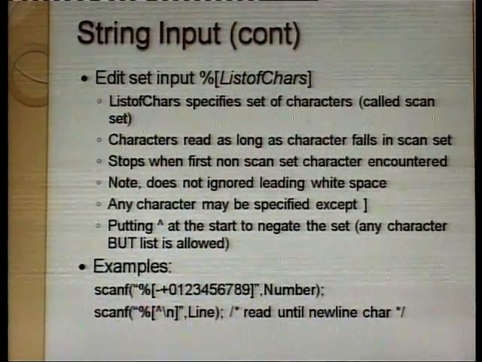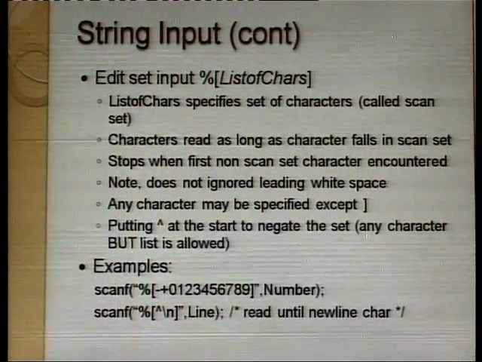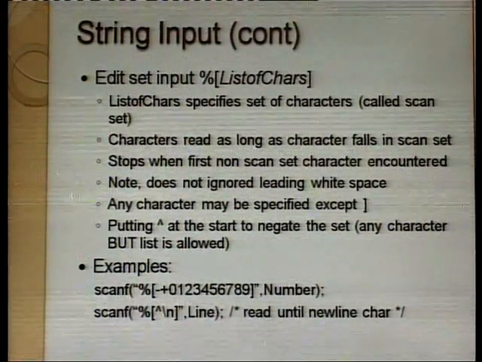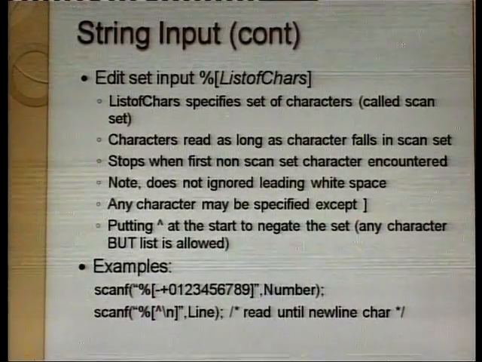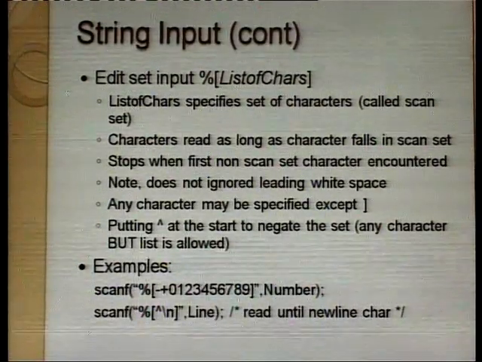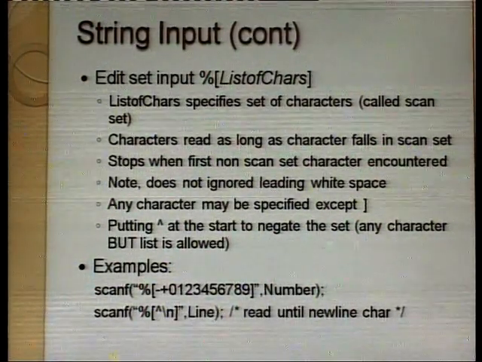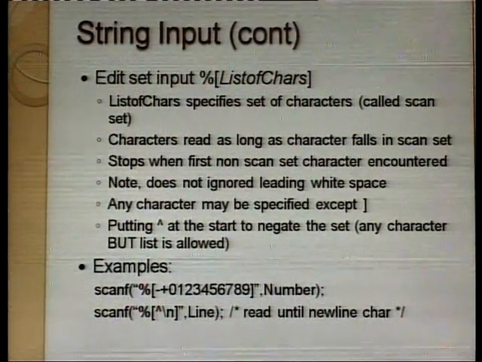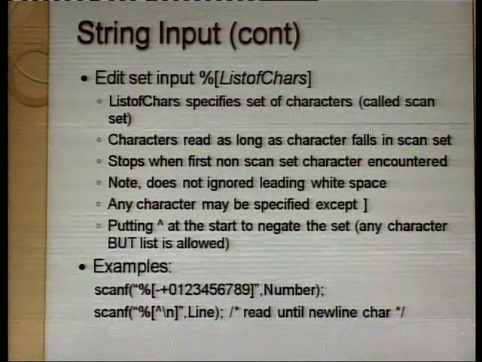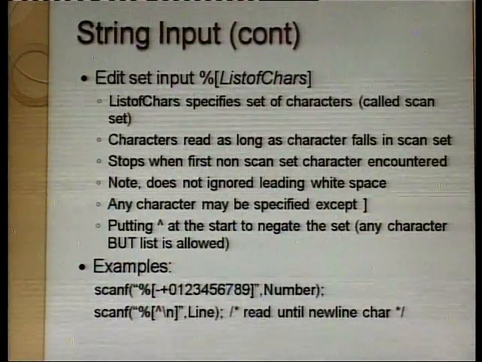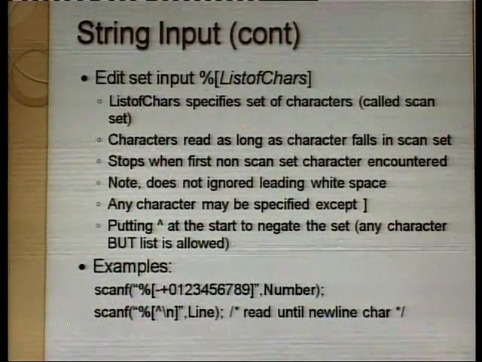Let us look at the first: the list of characters specifies a set of characters called the scan set. Any other character that is out of the list of characters cannot be accepted by the compiler. Characters are read as long as the character falls in the scan set.